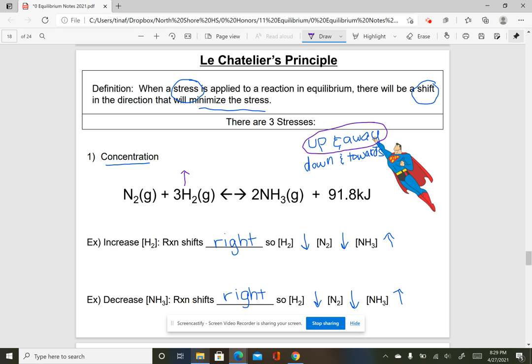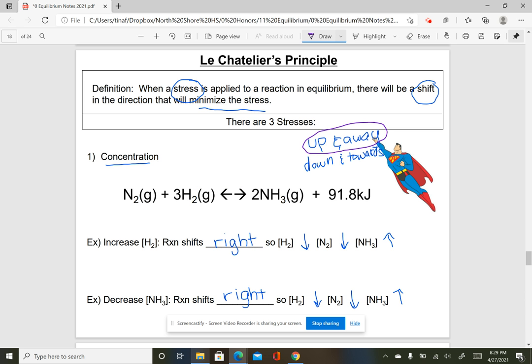So if my stress is an up stress, I want to look at the equilibrium arrows and pick the one that's facing away from this stress. So which one of these arrows is facing away from this? The right. If I'm going to the right, I'm going away from my stress. Okay? You'll do the same thing, guys, if it's a downward stress.